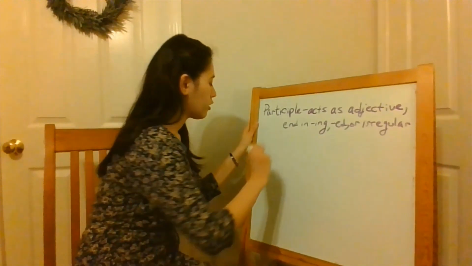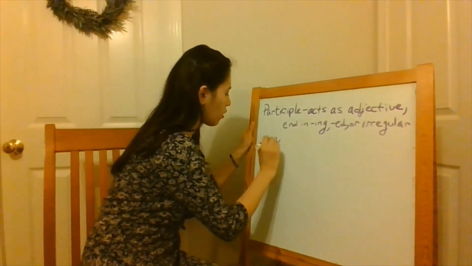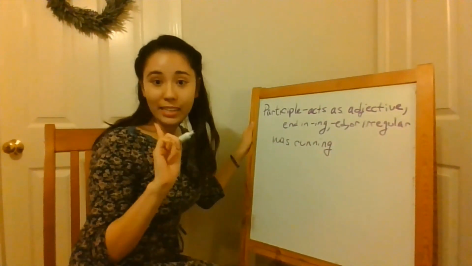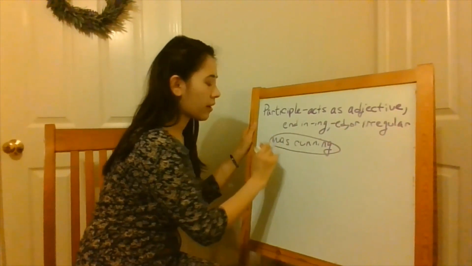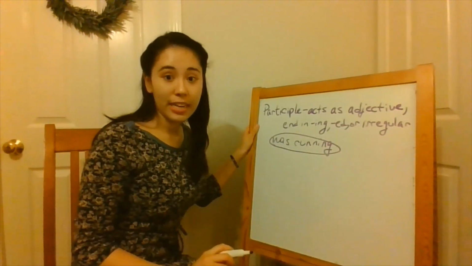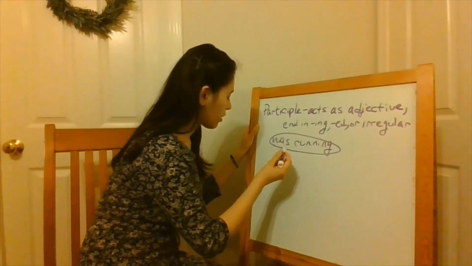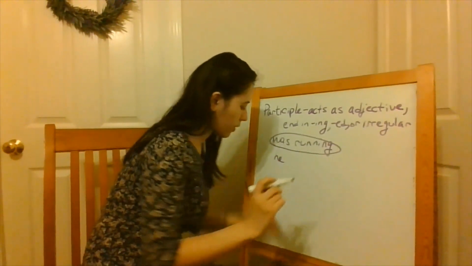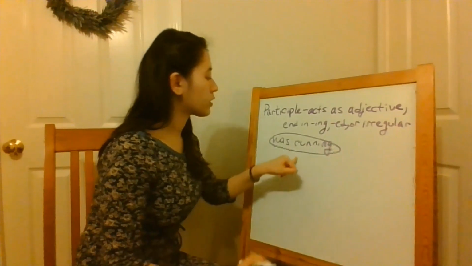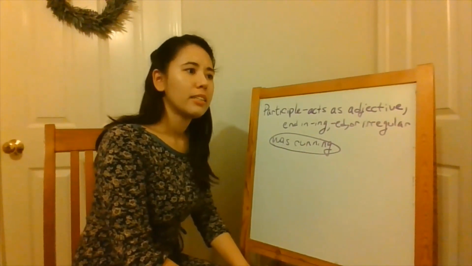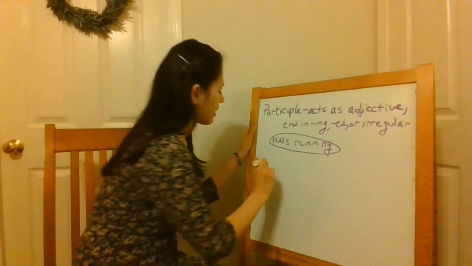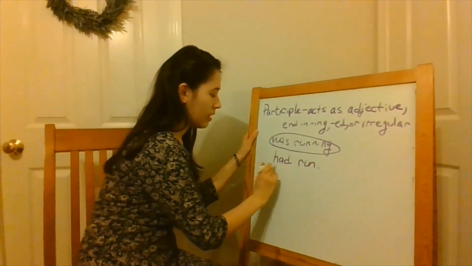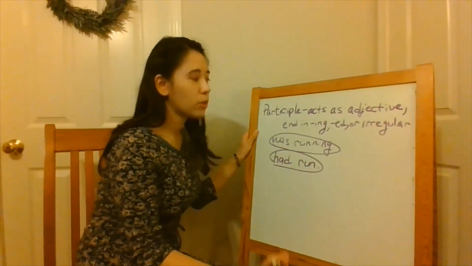So remember how before I said was running? Now here, running is not acting as a participle. It's part of this verb phrase, and it's helping us understand the tense. So was running would be an example, and then he had run. So this is the past participle, and this is an irregular past participle.